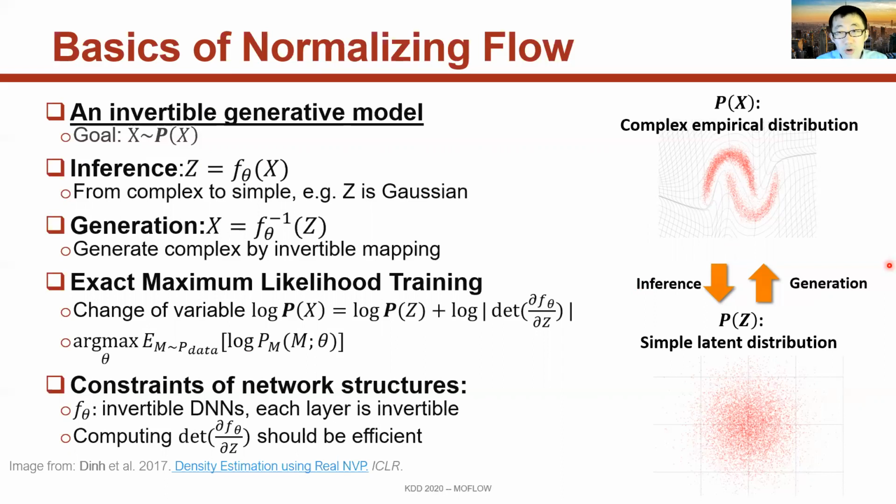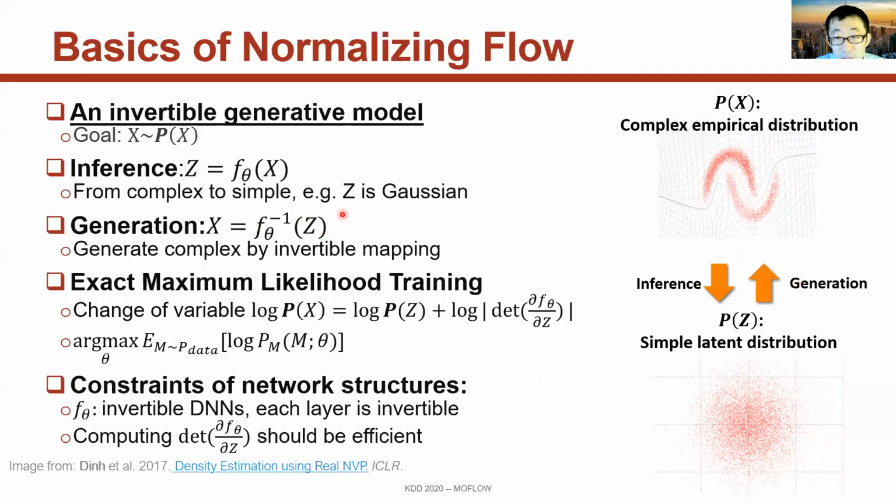In this tutorial, we cover the basics of the normalizing flow framework. Normalizing flow is an invertible generative model. We try to learn an invertible mapping f theta, which maps the complex original space to the latent space, which is a simpler space, say Gaussian. The generation process is a map from the latent space to the original space by the invertible mapping.